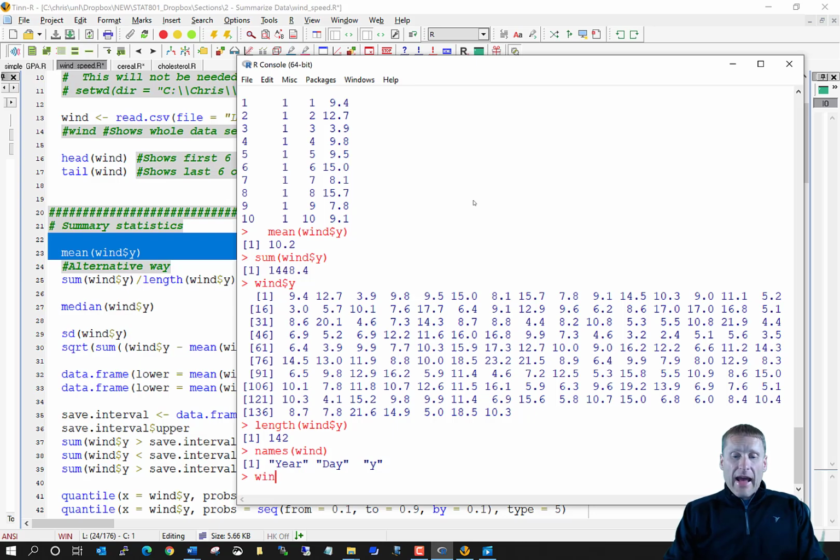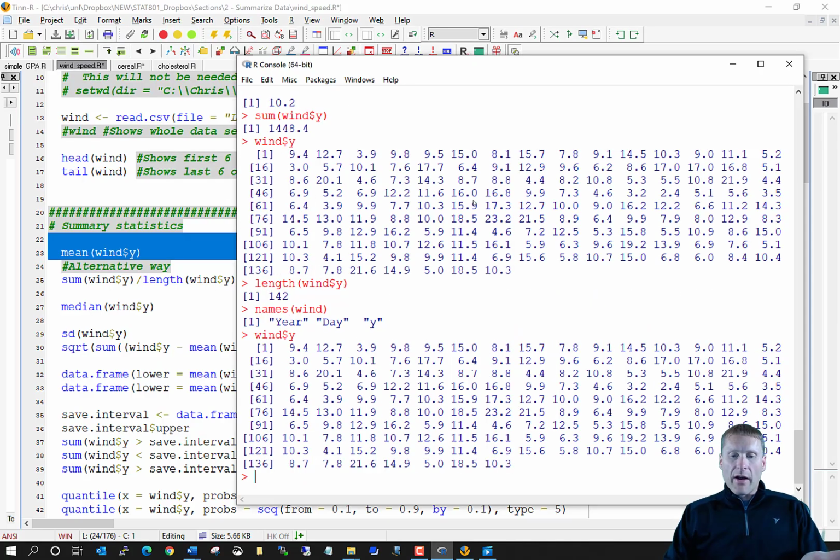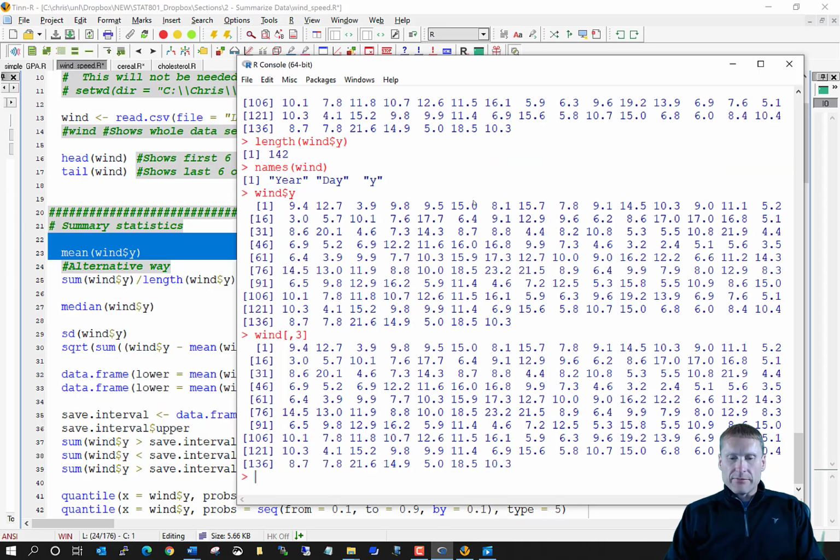And in order to access particular values in this data frame, I can do wind$y, and I get all the y values, all the wind speeds. Alternatively, I could have done this: wind[,3], and I get the third column of all those data values.